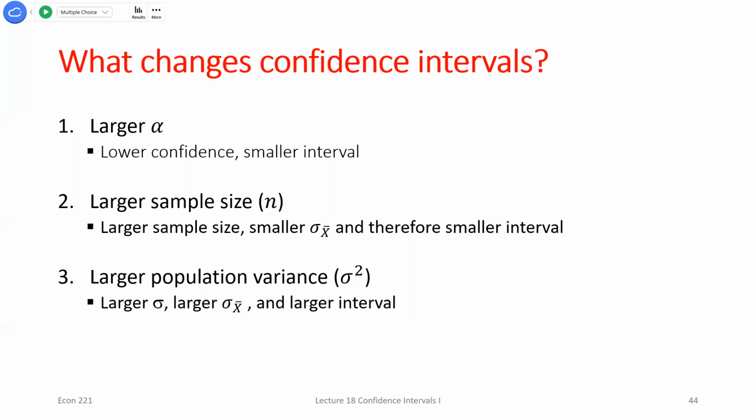If I want a smaller area in my tail, I'm going to have to go a further number of standard deviations away. So by saying something with a higher level of confidence lowers alpha, that leads to a higher Z value. When I want to say things with a higher level of confidence, that's going to decrease alpha. As I decrease alpha or alpha over 2, that's going to increase my Z value.